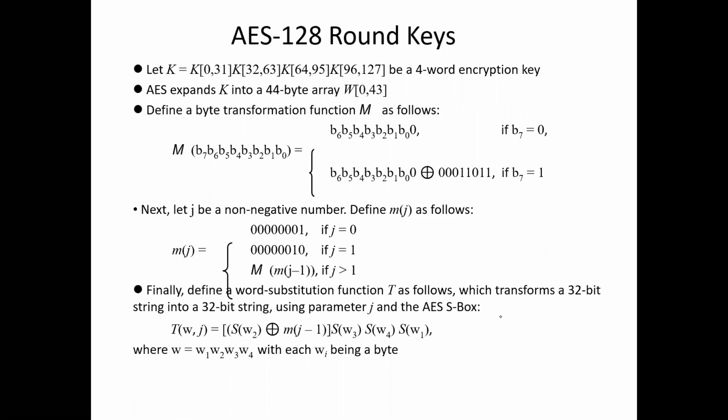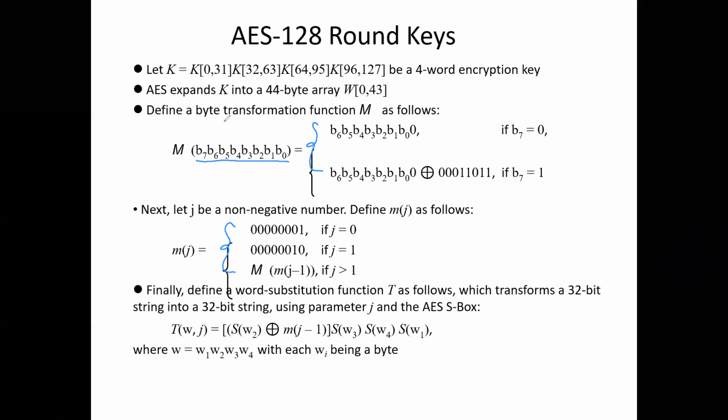So this should be this, and this should be this. This operation defines, so this is a number represented by a polynomial. Let's call it f of x.